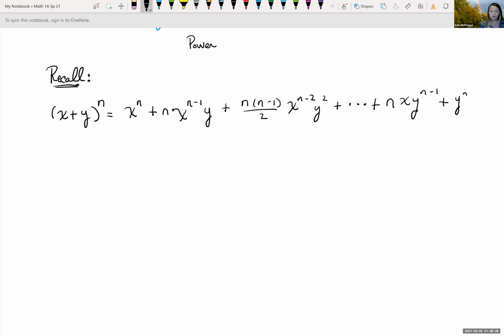Actually, we're going to do it for n being a real number, but the proof, we're not going to be able to prove that right now until we get into more mathematics in this course. And so this was where n is a positive integer. So this is a power rule where n is a positive integer.